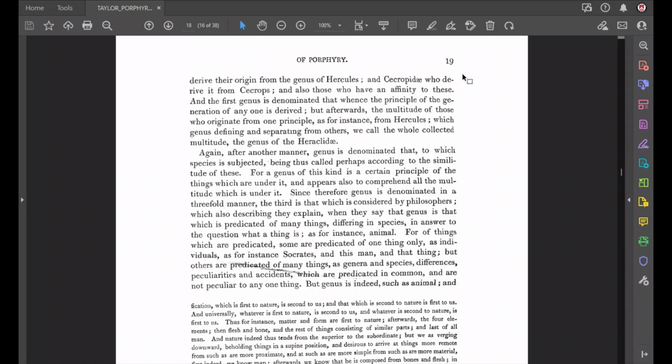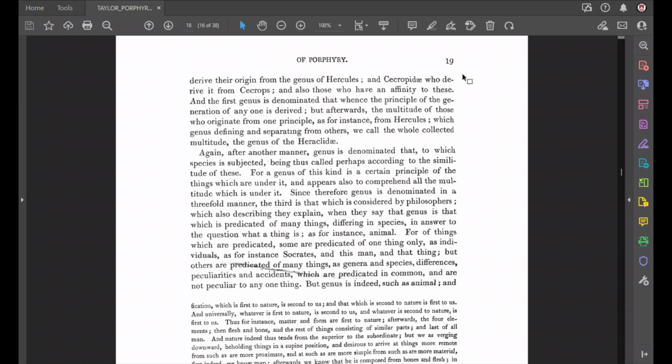Since therefore genus is denominated in a threefold manner, the third manner is that which is considered by philosophers, which also describing they explain when they say that genus is that which is predicated of many things, differing in species, in answer to the question, what a thing is. As for instance, animal." And we saw in our last class that that's the definition of genus.